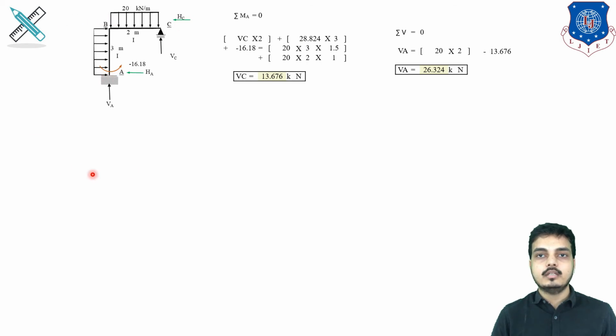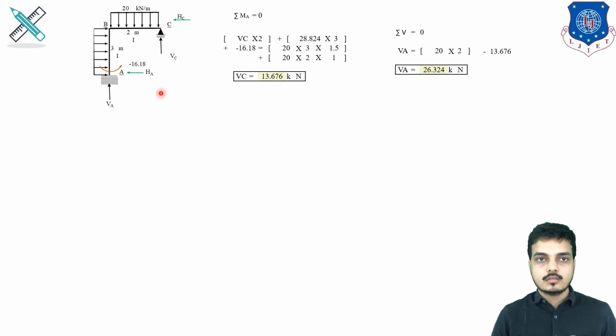While standing over here, you can see HC multiplied by 3 is going anti-clockwise, plus minus 16.18, which is my MAB, so it is also anti-clockwise, so I kept it over here, equals 20 multiplied by 3 multiplied by 1.5. This is the UDL of 20 multiplied by 3 into distance by 2, plus 20 multiplied by 2 into 1. These both are clockwise. So after solving this, I'll get VC equals 13.67.